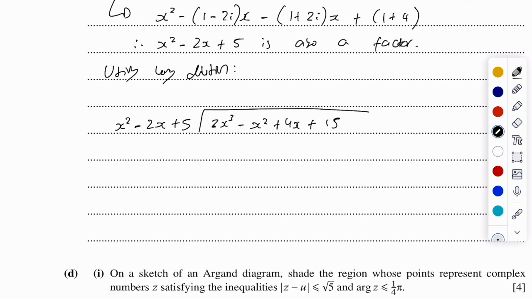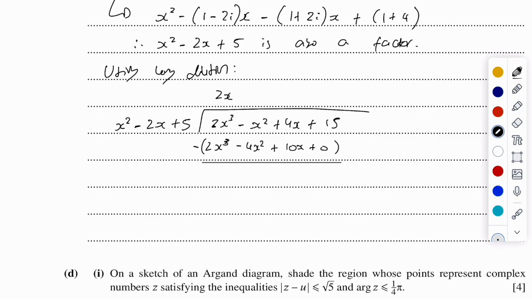You get 2x cubed here because x squared goes in here 2x times, times out 2x cubed, minus 4x squared, plus 10x. Brilliant.